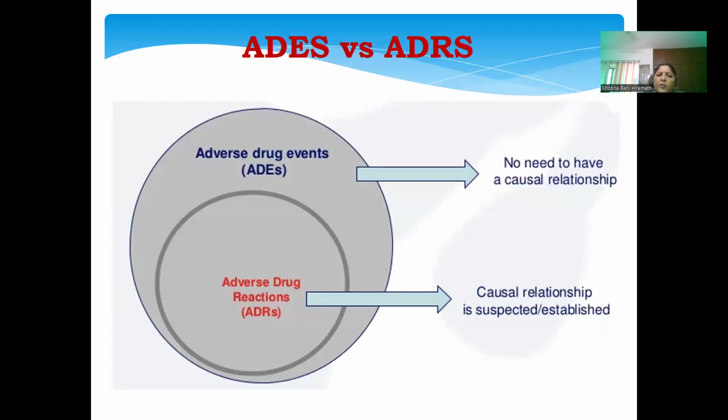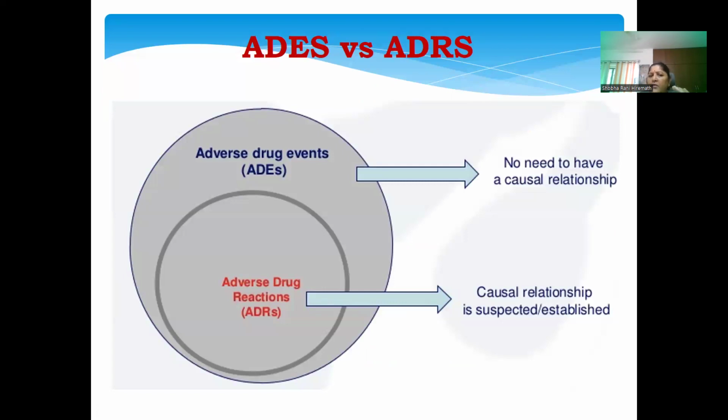Now, what is the difference between adverse drug event and adverse drug reaction? Adverse drug event is what we have just observed as happening while taking the medicine, yet it has to be proved that it is because of the drug. That means there is no causal relationship yet established between the drug and the reaction at this juncture.